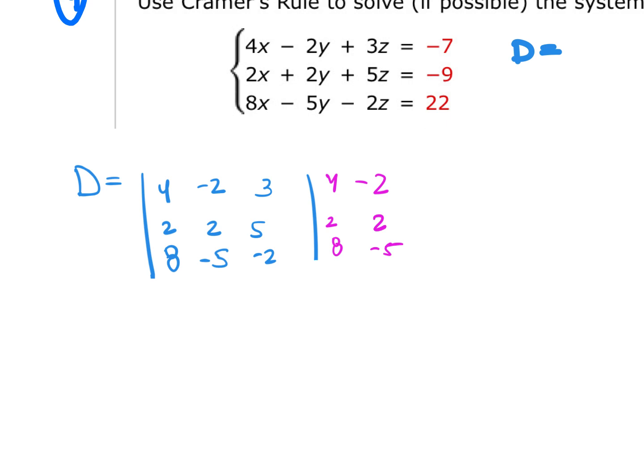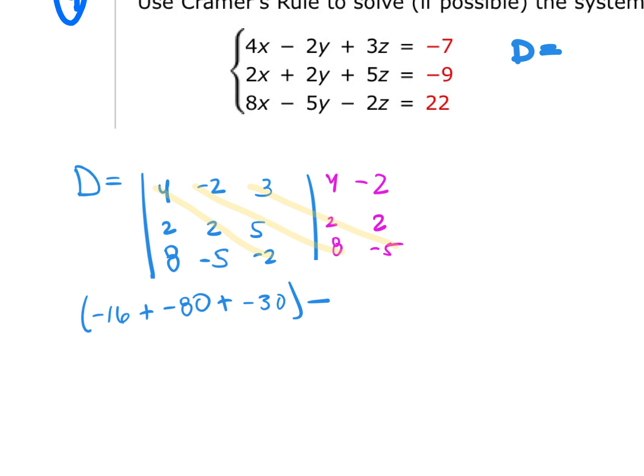So we're going to take our 3 majors. So 1, 2, 3. Multiply them together and add. So 4 times 2 is 8 times negative 2 is negative 16, plus negative 2 times 5 is negative 10 times 8 is going to give me negative 80, plus 3 times 2 is 6 times negative 5 is negative 30.